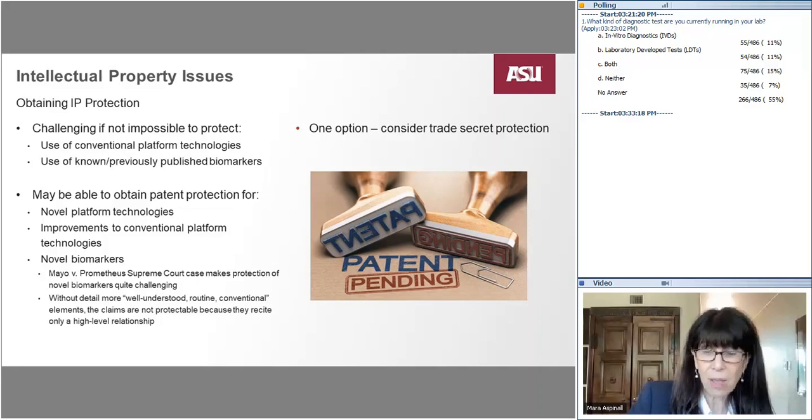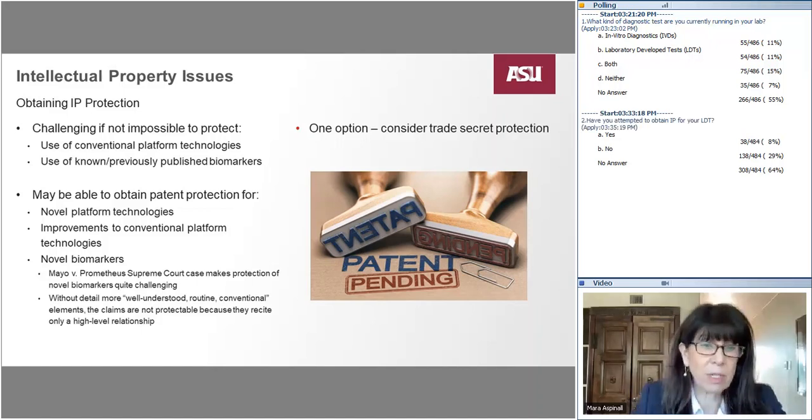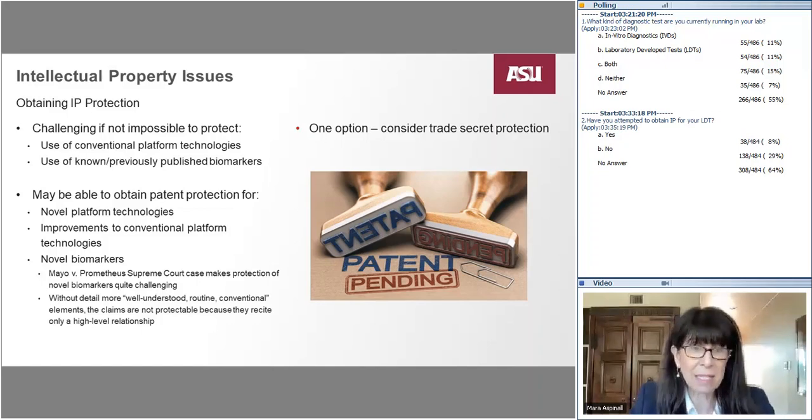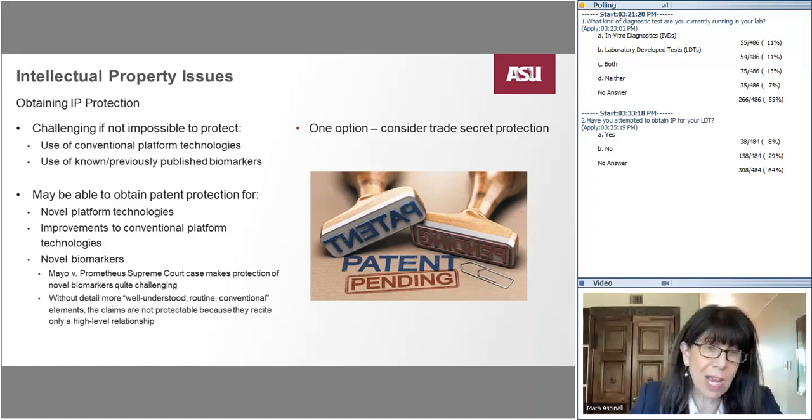And in 2012 was one of the most important cases in terms of LDTs that the Supreme Court has ever dealt with. It's called Mayo versus Prometheus. Mayo is in Mayo Labs, Prometheus as in a diagnostic lab provider. And Prometheus had a test for drug metabolism. They had the IP for this test, and Mayo challenged them.